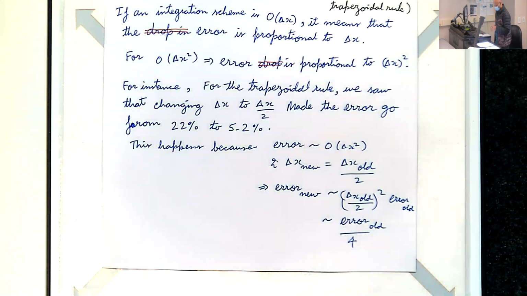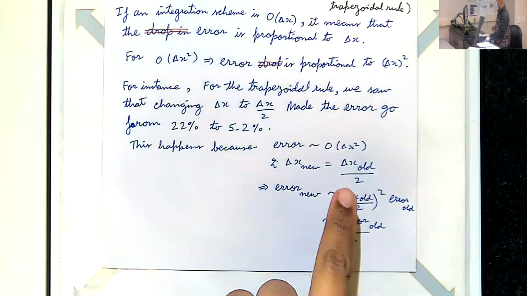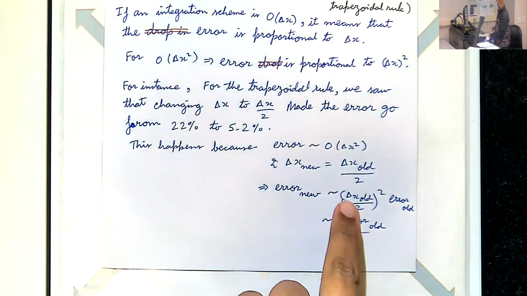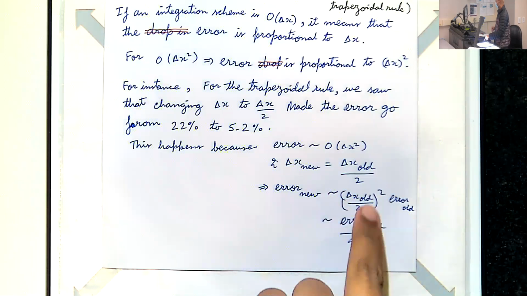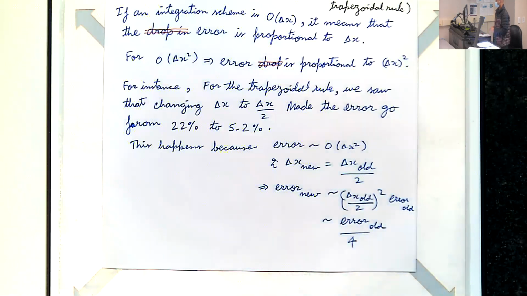Yeah. So if you have an order delta x cubed thing, your error will drop as delta x old over 2 whole cubed. So you would go to error over 8, which is very good. You drop the error by 8 times, which is almost 1 order of magnitude, just by using more discretizations.